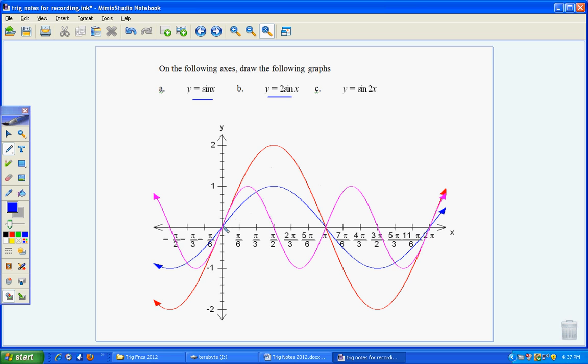Where it's 0, it will remain 0. Where it was pi on 2, sine of x was 1, so 2 sine of x will be equal to 2. Every value is doubled, whether it's positive or negative. So that's the effect: it increases the amplitude, doubling every value that we've got.